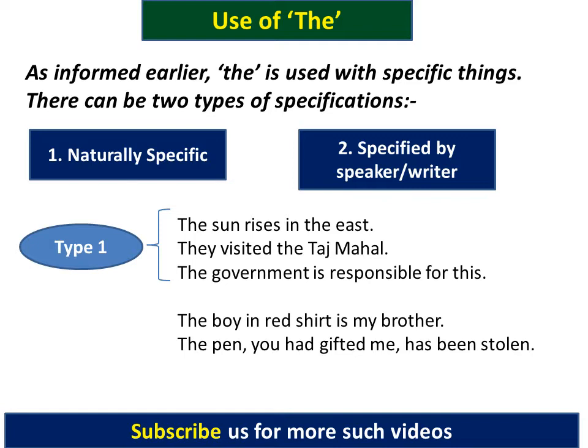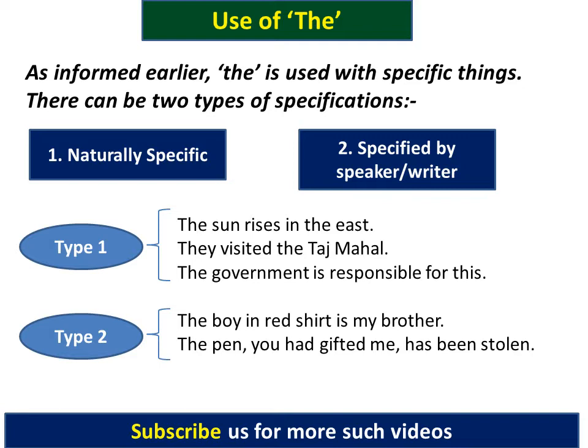Now, the last two sentences, as you see, belong to the second group, which have been specified by the speaker or the writer. For example, the boy in red shirt is my brother. I'm not talking about a boy in general.